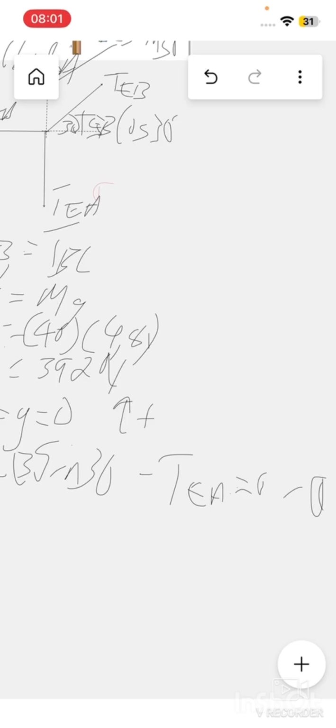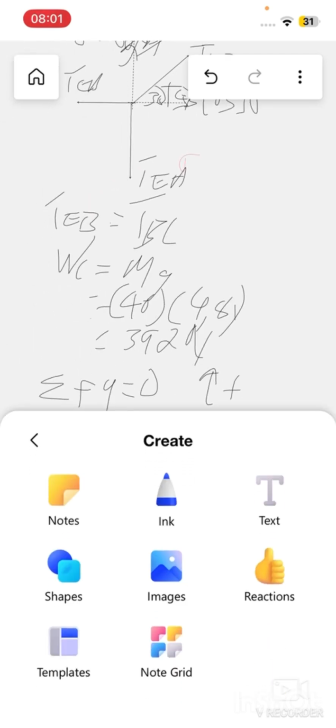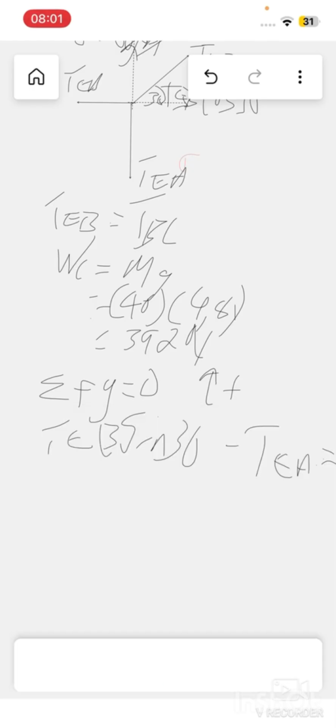And we also said TBC is equal to TEB because there is no friction. Therefore, we calculated TBC, the tension on BC, which is 392 Newton.